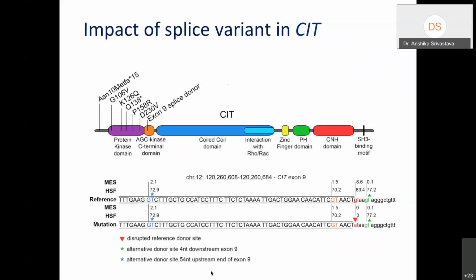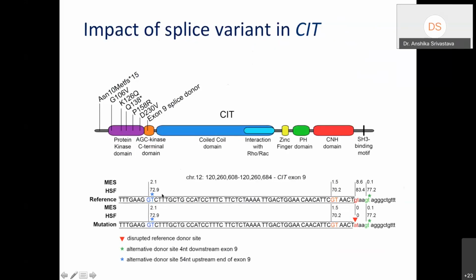For that purpose, first of all, we highlighted where the variation was present, using a couple of online tools. This is the reference sequence with the Human Splicing Finder, and this is the mutation sequence.